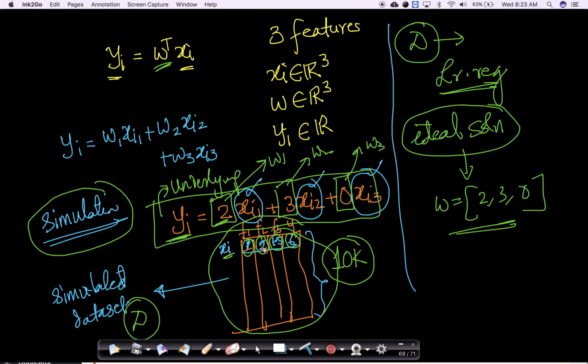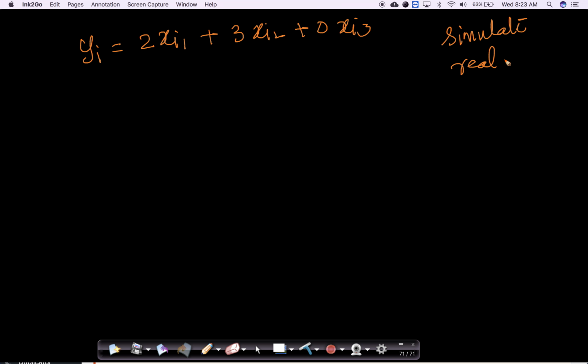But if you want to simulate the real world closely, you know that there will be a small error associated with each of these. So you can add a small error term here.